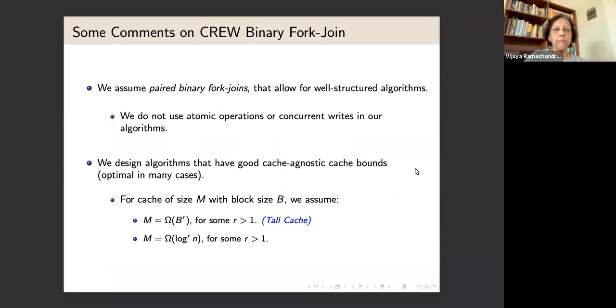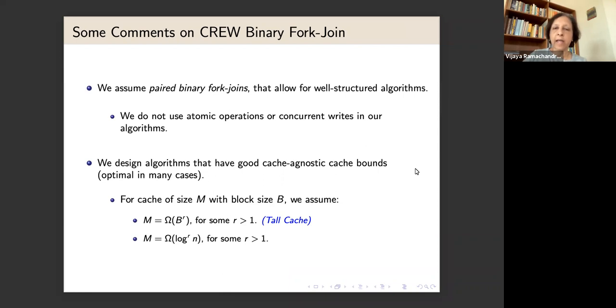So our multi-threaded model is paired binary fork joins and CREW, and this allows for well-structured algorithms. We do not use atomic operations or concurrent writes in our algorithms. For our caching bounds, we assume that the cache size M is omega of block size B to the 1 plus epsilon for some epsilon greater than 0.